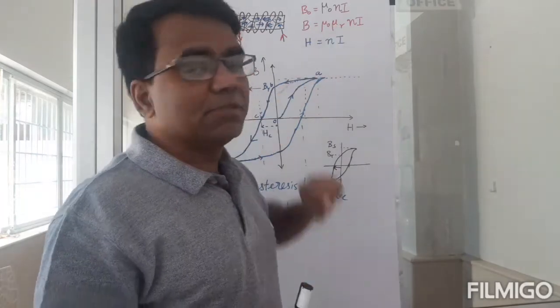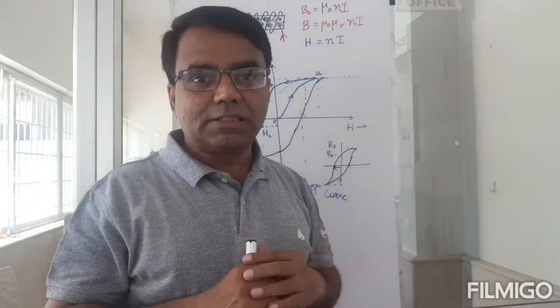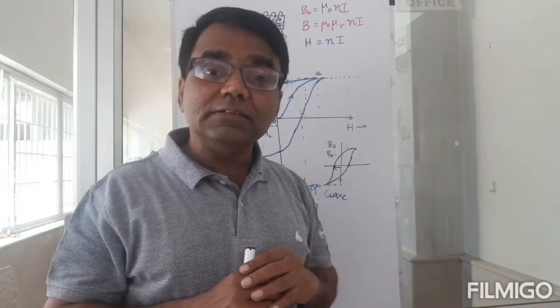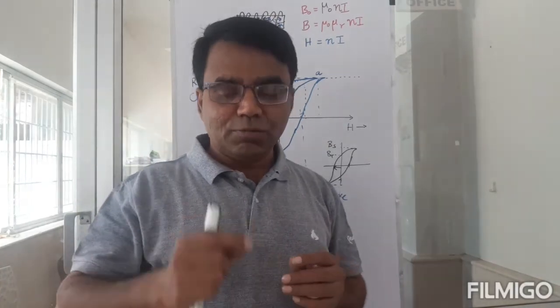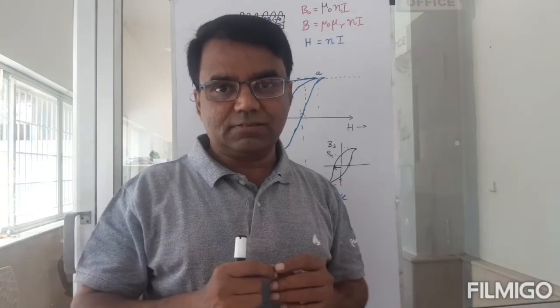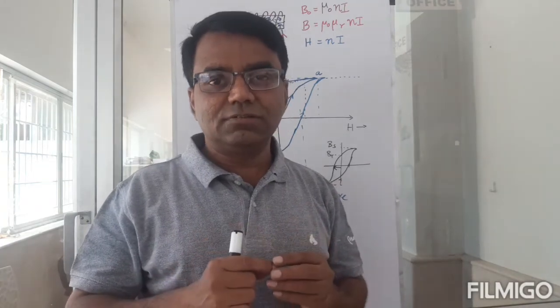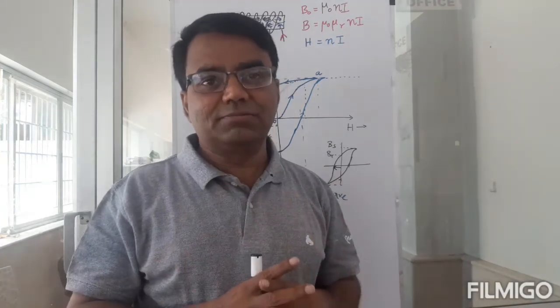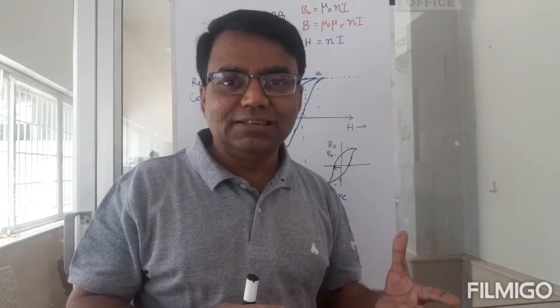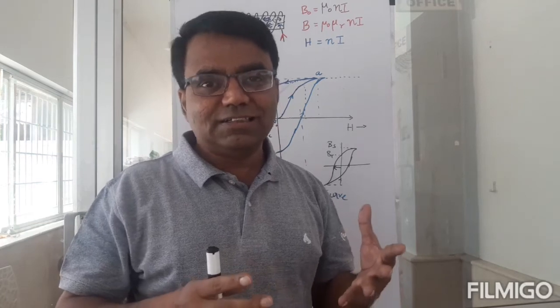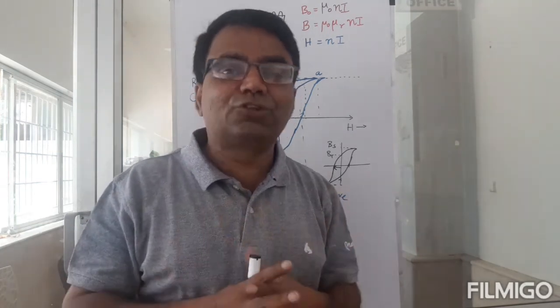So high permeability must be there. And what should happen? The moment you stop the current, it should lose its magnetism. Otherwise, if it still maintains magnetism, then you can't have a good electromagnet.